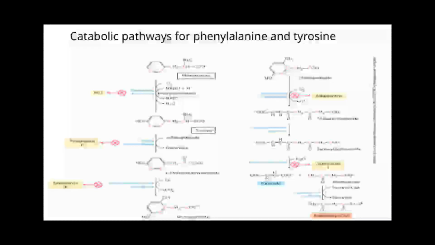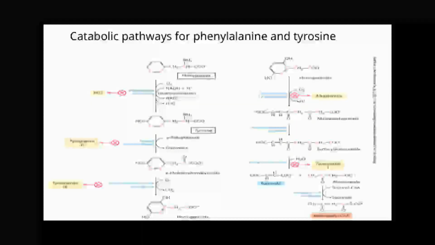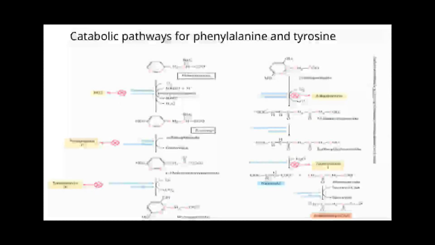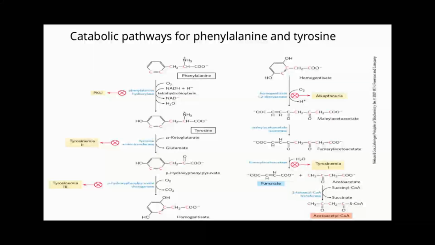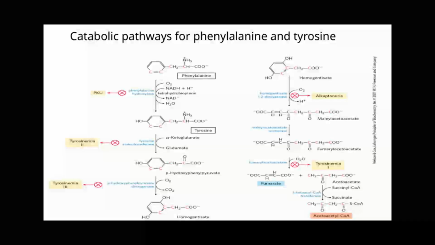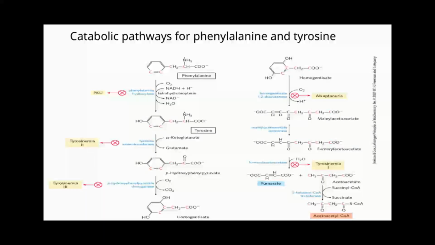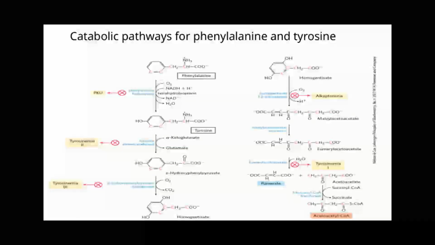These molecules not only feed into the citric acid cycle, but also serve as precursors for other biosynthetic pathways. Understanding this breakdown process is key because it illustrates how amino acids are integrated into our overall metabolism, connecting protein catabolism to energy production and biosynthesis. So, this pathway highlights the interconnectedness of amino acid metabolism with our body's broader metabolic network.